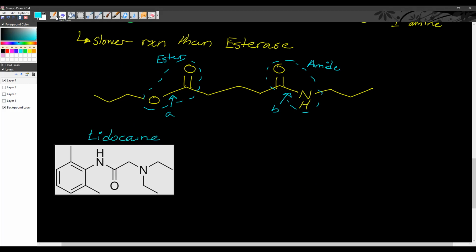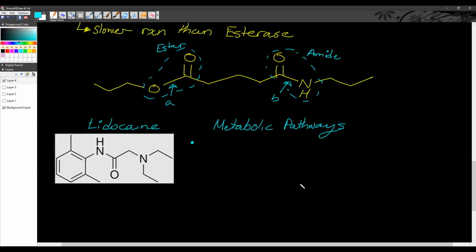What are all the possible metabolic pathways for lidocaine? Aromatic hydroxylation, totally. Put that OH right there.